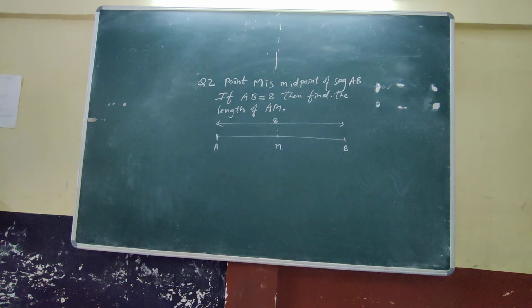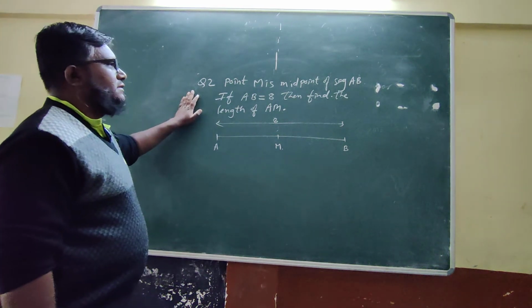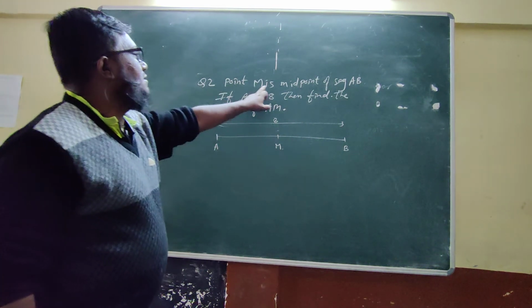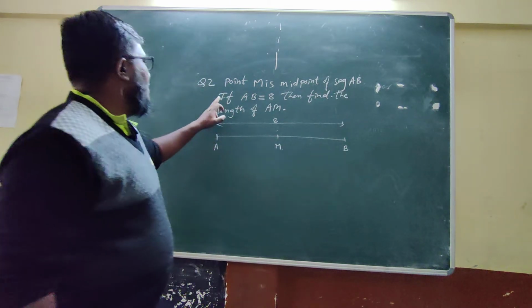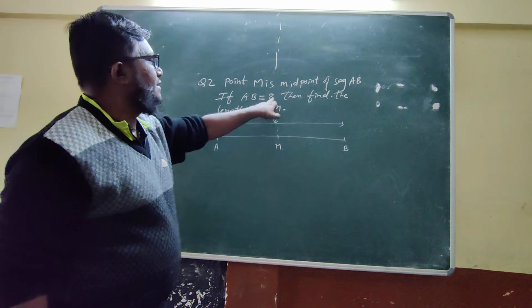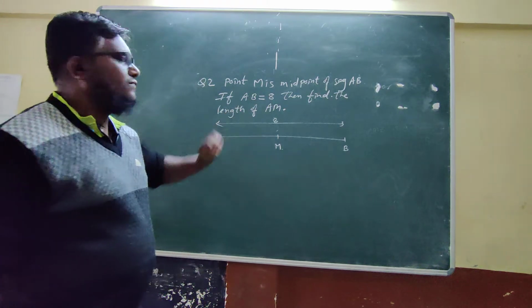Now we are moving toward the second example of this exercise 1.2. Point M is the midpoint of segment AB. If AB has length 8, then find the length of AM.